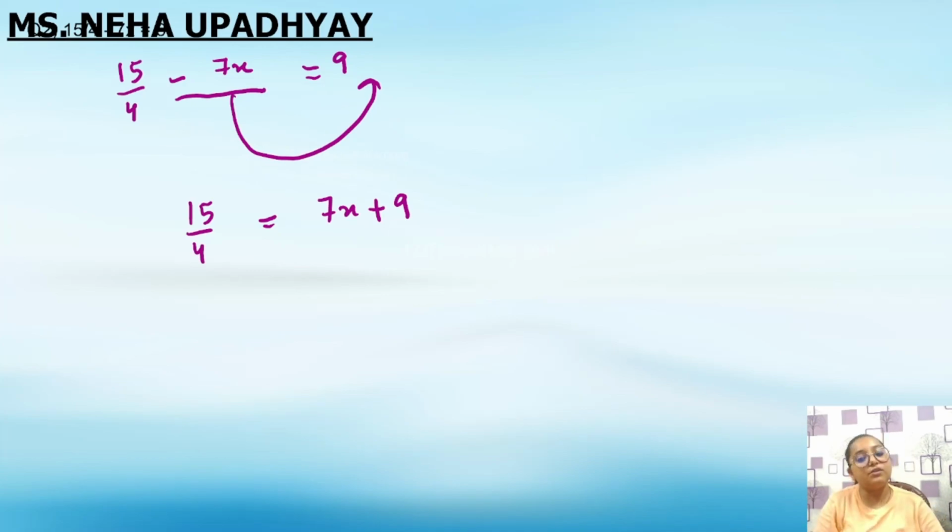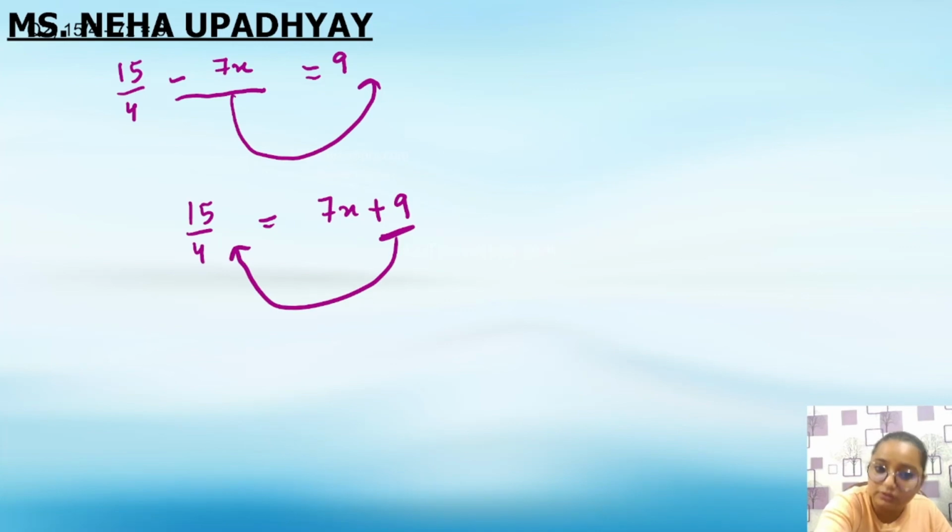Now this plus 9 will get transposed to the left side, and plus 9 will change to minus 9. So 15 by 4 minus 9 is equal to 7x.